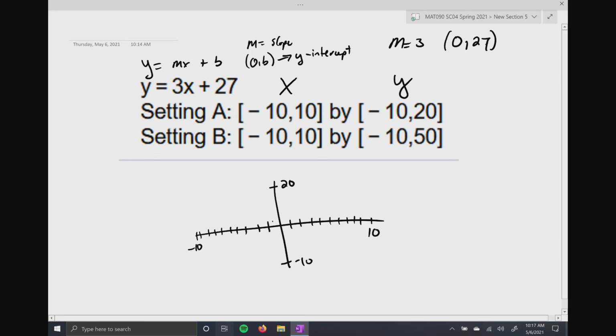So, if you look at setting A, notice your y values only go from -10 to 20. Your y-intercept is 27. So would you see the y-intercept in that window? Shake your head, B. Shake it emphatically. Now explain to us why.